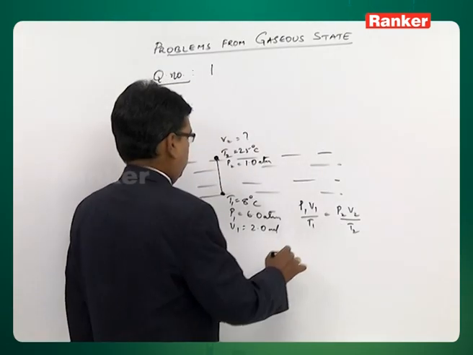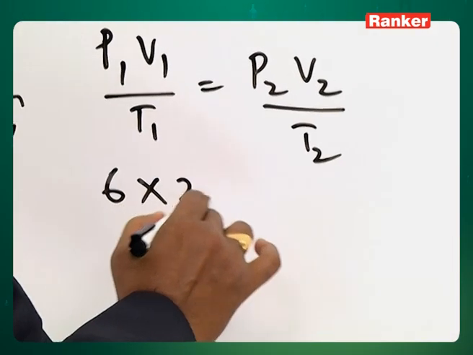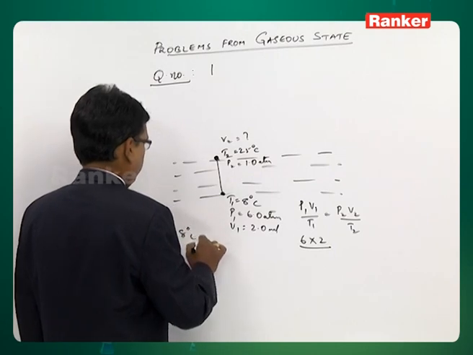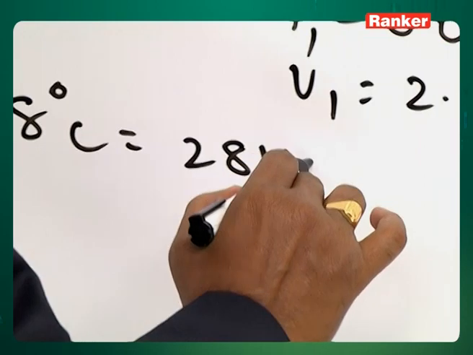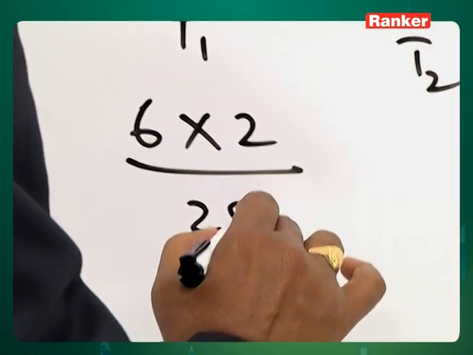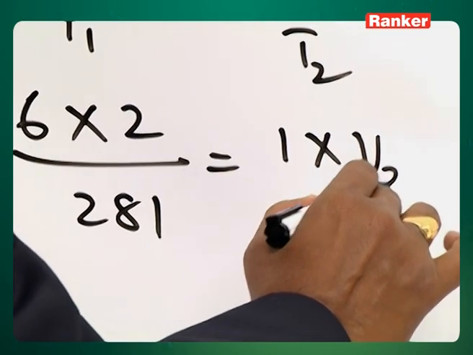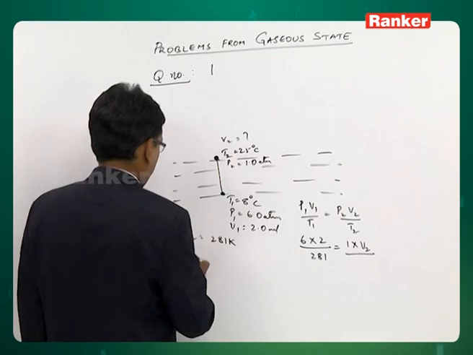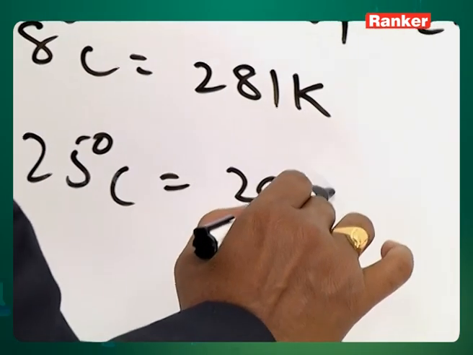Here pressure is 6 into volume 2 by temperature 8 degrees Celsius, which is nothing but 281 Kelvin, equal to pressure at the surface 1, volume we have to find, and T2 is 25 degrees Celsius, that is 298 Kelvin.